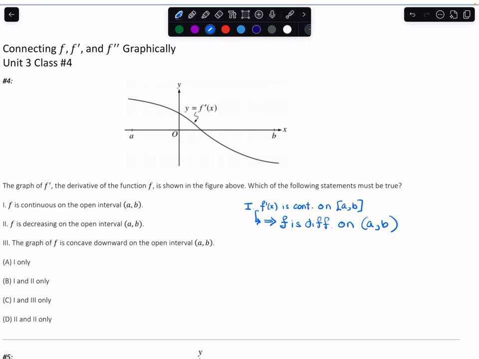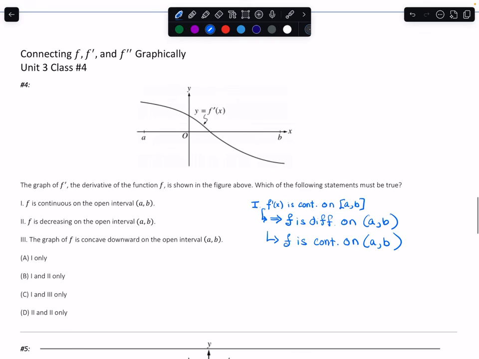It means that its derivative is continuous. That's really what differentiability means. If you're a differentiable function, the function's derivative will be continuous. So we know because f prime is continuous, f is differentiable. But we also know that since f is differentiable on this interval, then f has to be continuous because differentiability implies continuity.